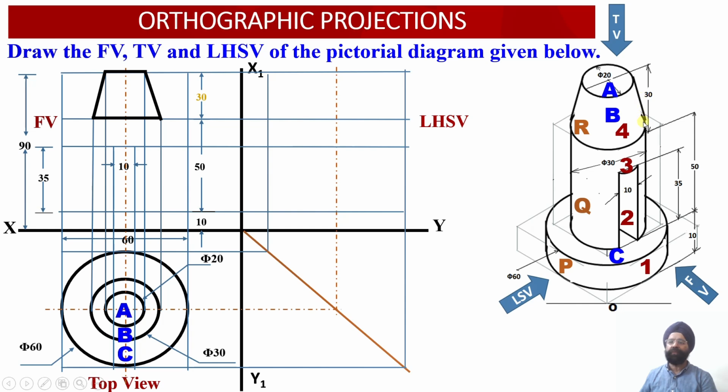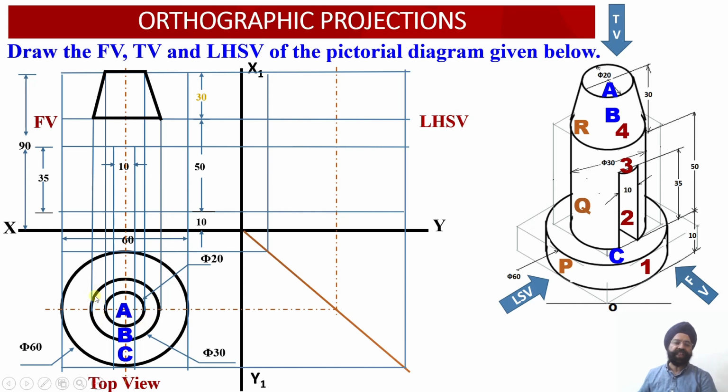Now we can see it is a big surface over here, but in the top view it has been projected as a smaller section. So this is a section between A and B.